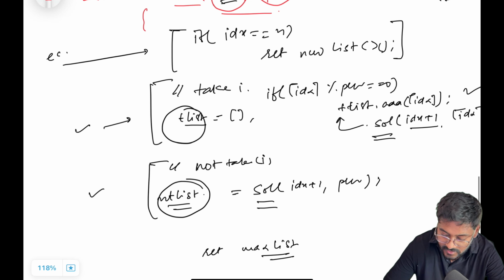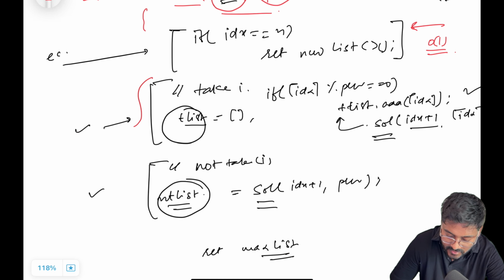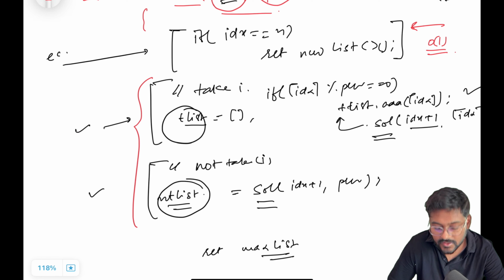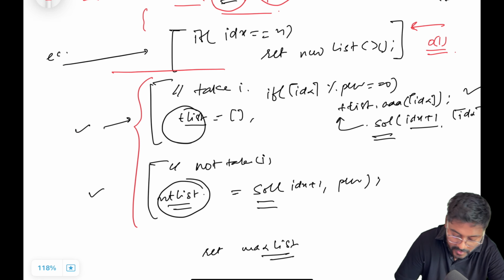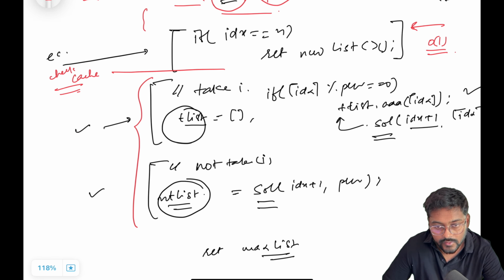This is the edge case, and the edge case is order of 1 time, correct? And after the edge case there is some processing where we are making subsequent calls. So before that, just check in the cache whether you have already solved it or not.